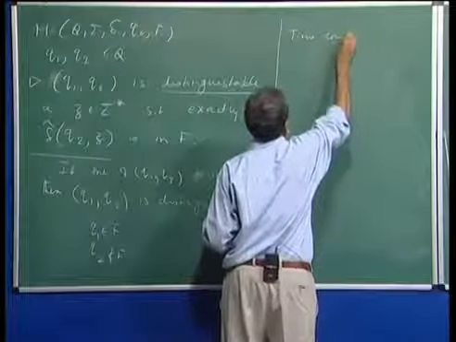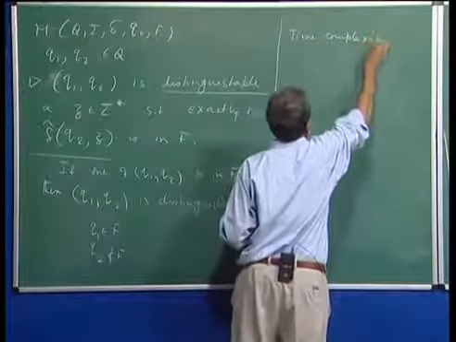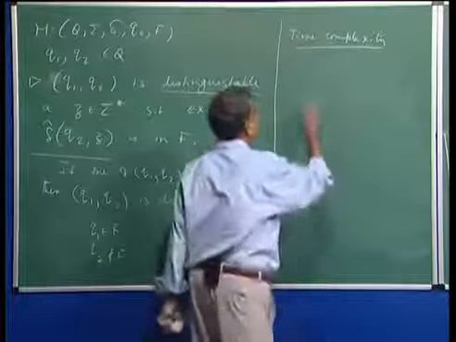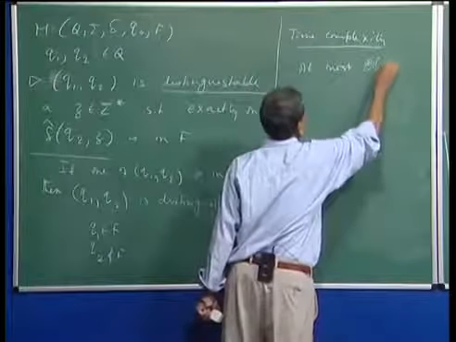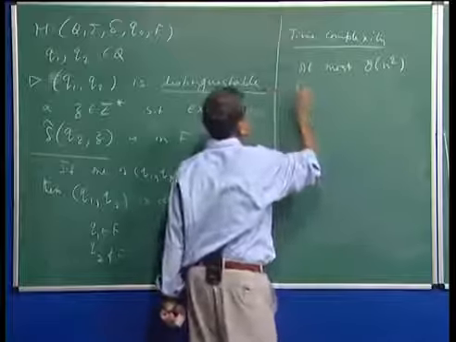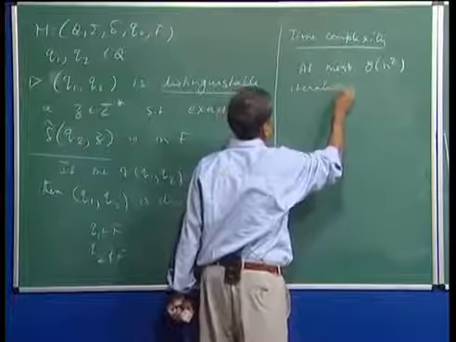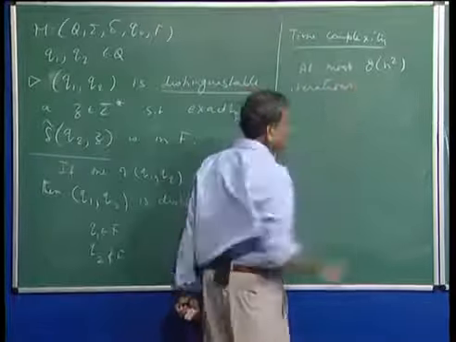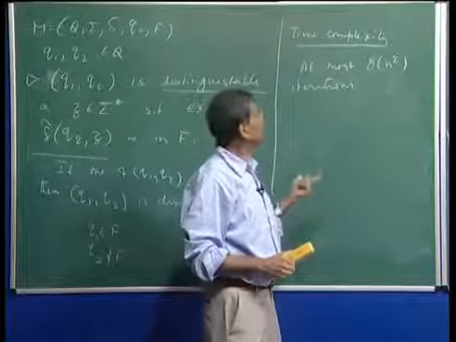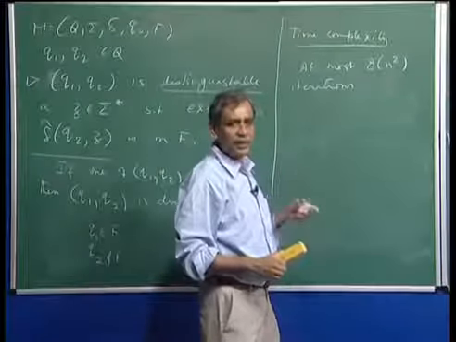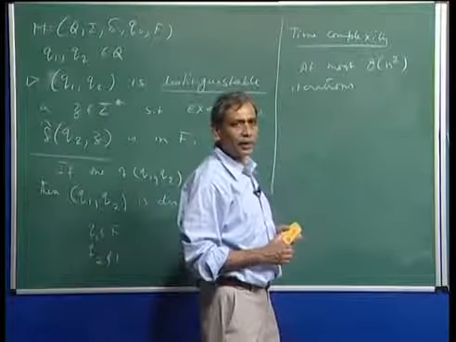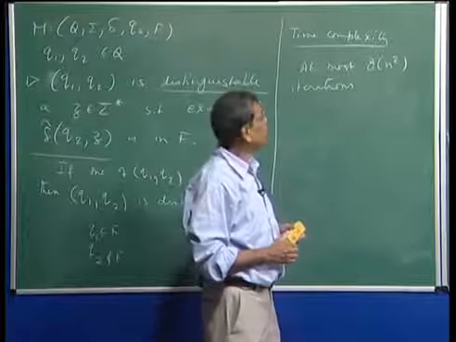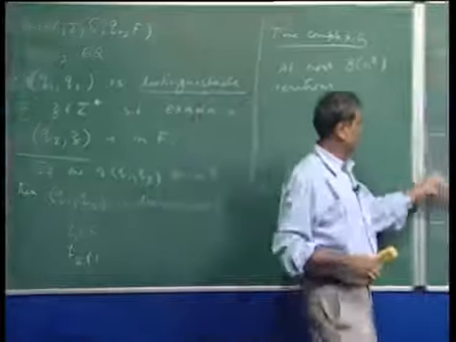Time complexity: there are at most order n square iterations. And what do you do in each iteration? In each iteration you consider all the pairs which are not in S, and there can be order n square such pairs not in S, right? And you do this test for each such pair.